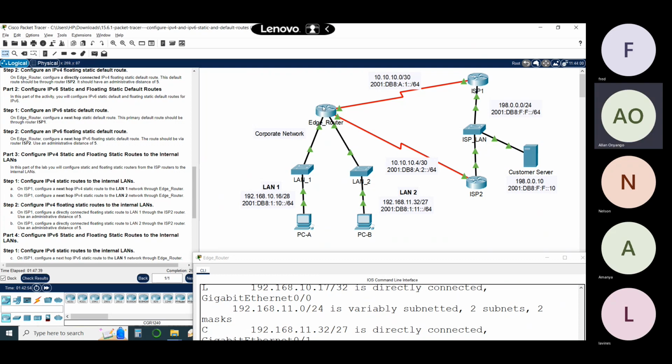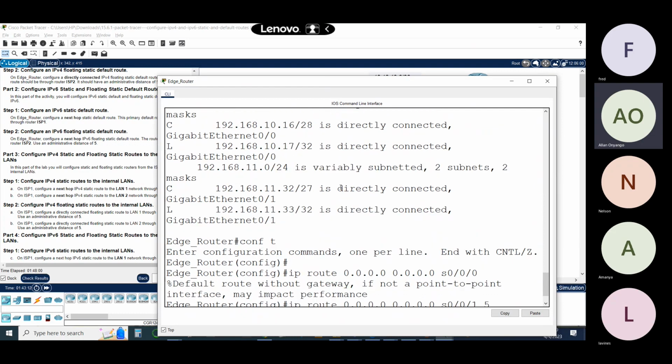And so if it goes through the edge router, it means that if this is a next hop, then we need to find the next hop IP connecting from ISP to the edge router. The only way to do that is to check the routing table and look at the IP address on the side of the edge router. I think we already saw it.